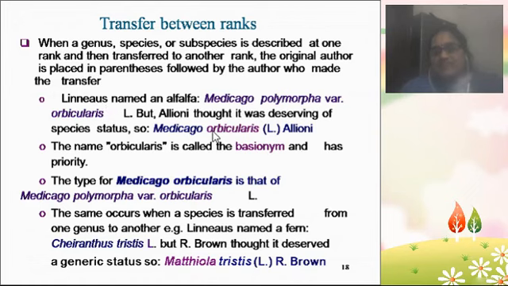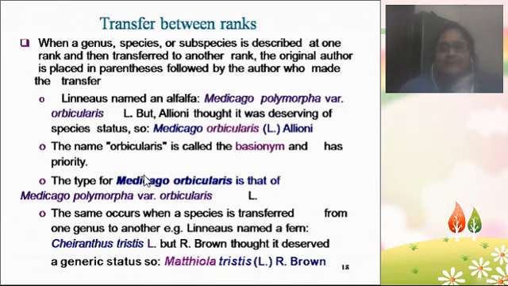So after the change, you say Medicago orbicularis, and in parentheses the original author should also be there, followed by the recent author. The name orbicularis is called the basionym, and it has some priority.